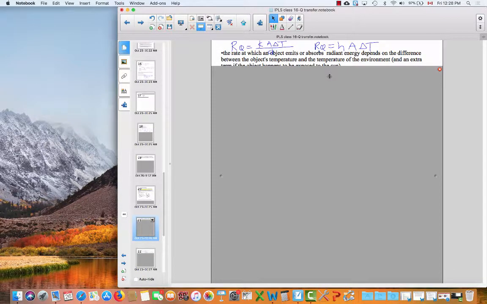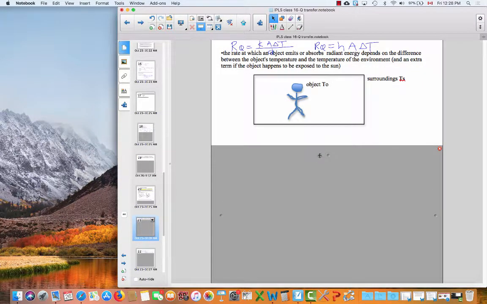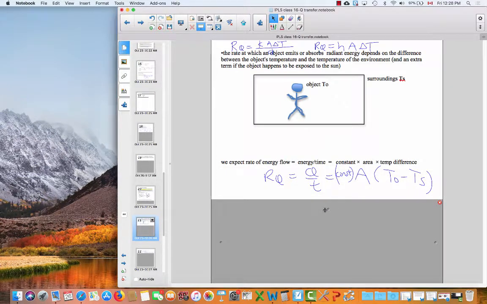So we would expect radiation would be similar in that it should depend on the surface area of the object and the temperature difference between the object and its surroundings, and then finally there should be a constant of some sort. So we would expect that the rate of energy transfer by radiation is some constant times the area times the temperature difference, as was the case for conduction and convection.